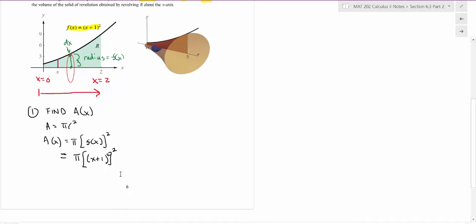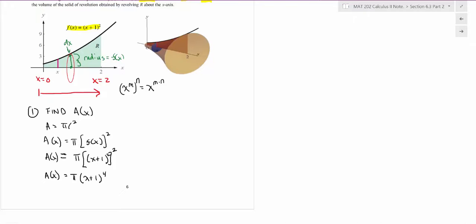And then remember, you have a basic property of exponents that says if you have x to the m to the n, you multiply your exponents. So what we're going to get for our area function is A of x equals pi times x plus 1 to the 4th power.